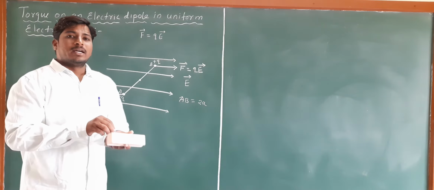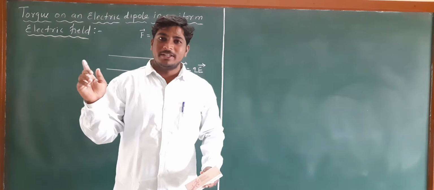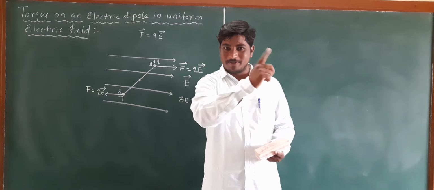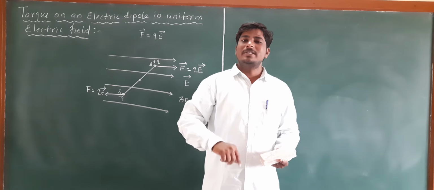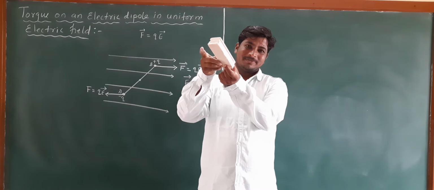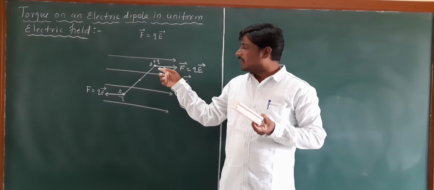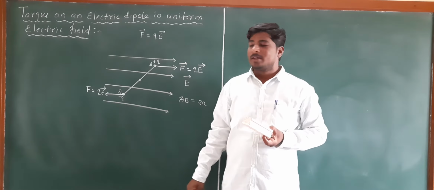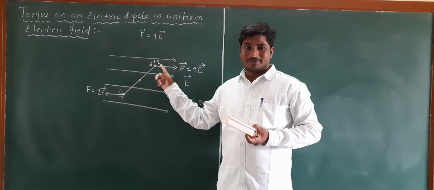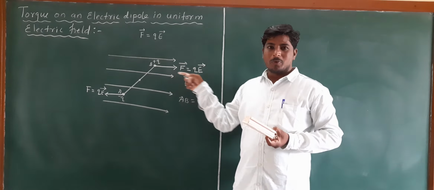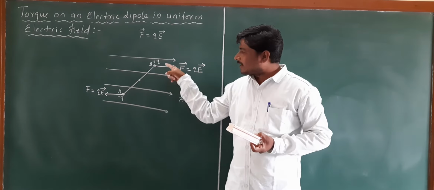When the dipole is placed in the uniform electric field, in the presence of the uniform electric field, I have placed one dipole like this. Now you can see from the figure, the force is acting on these two charges at different points of action, and these forces are equal and opposite, and they are parallel forces.